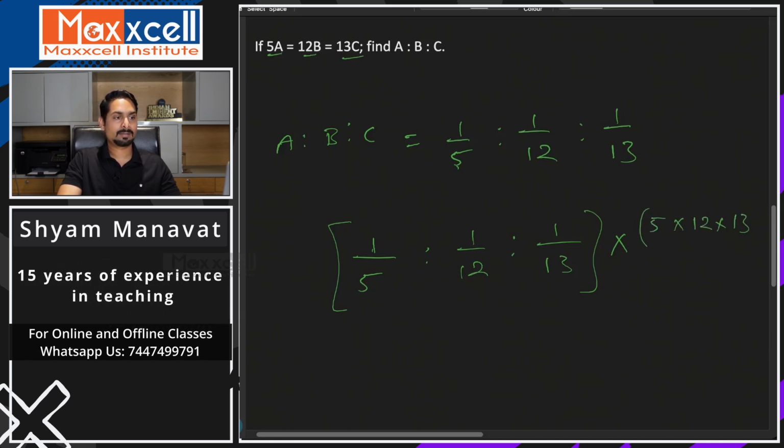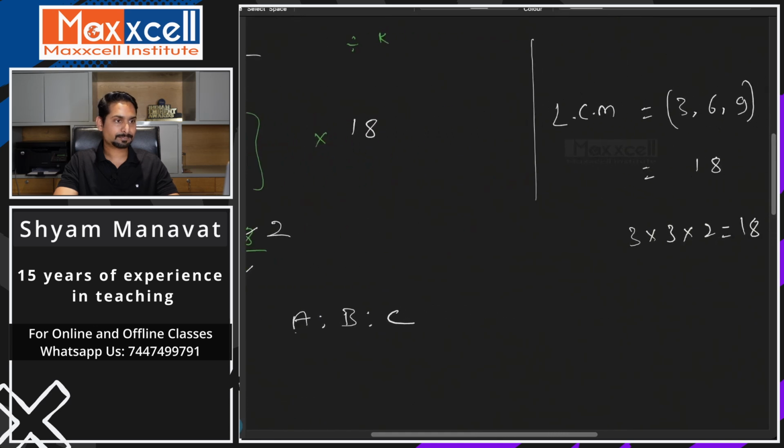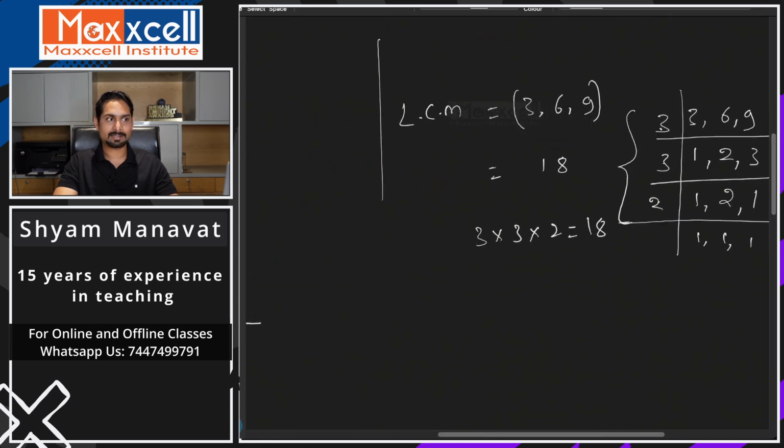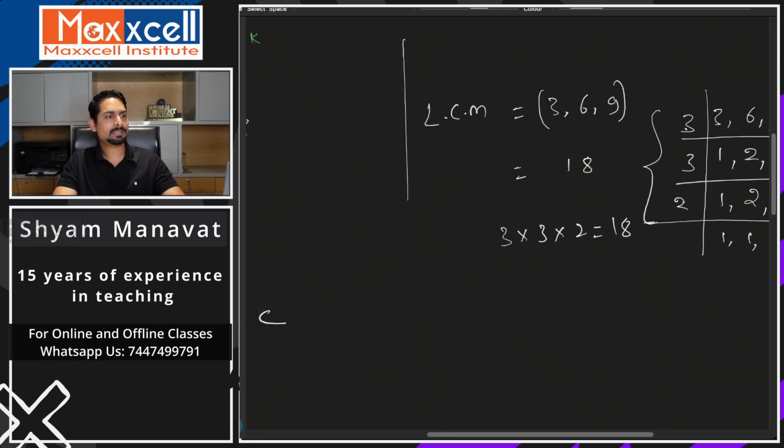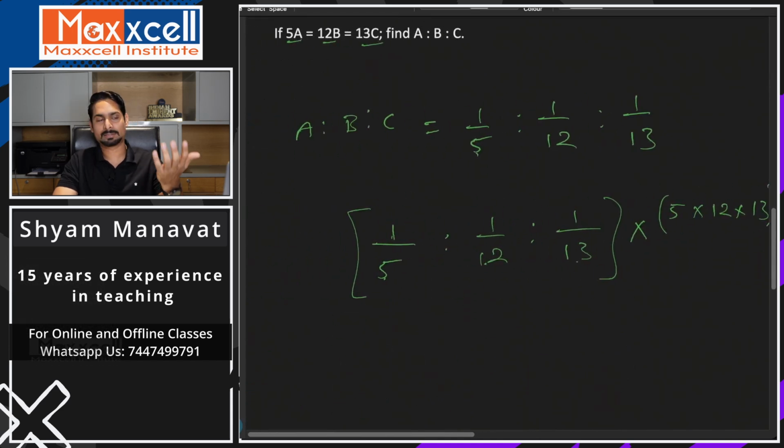Why am I taking 5 into 12 into 13? Because all three of them are prime number. Understand? LCM of 3, 6, 9, there is something common between them, right? So it is fun to find out the LCM by this factorization method, but here there is no relation between them. 5, 12, 13, no relation.